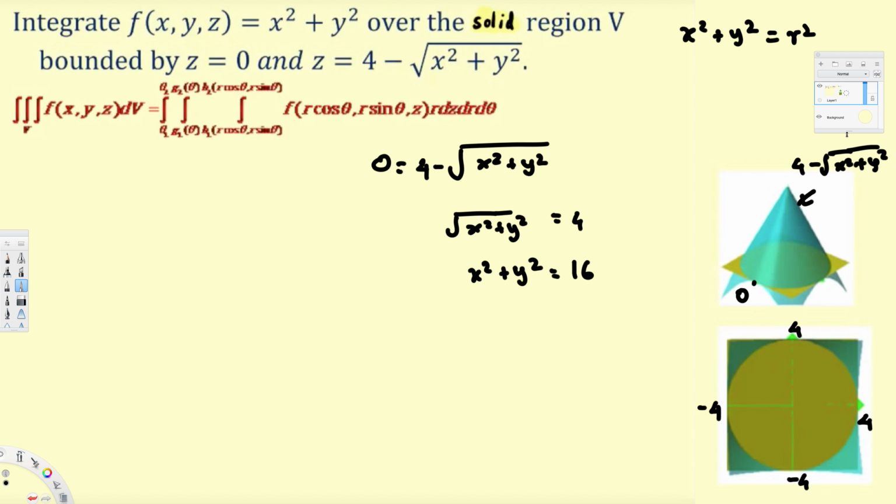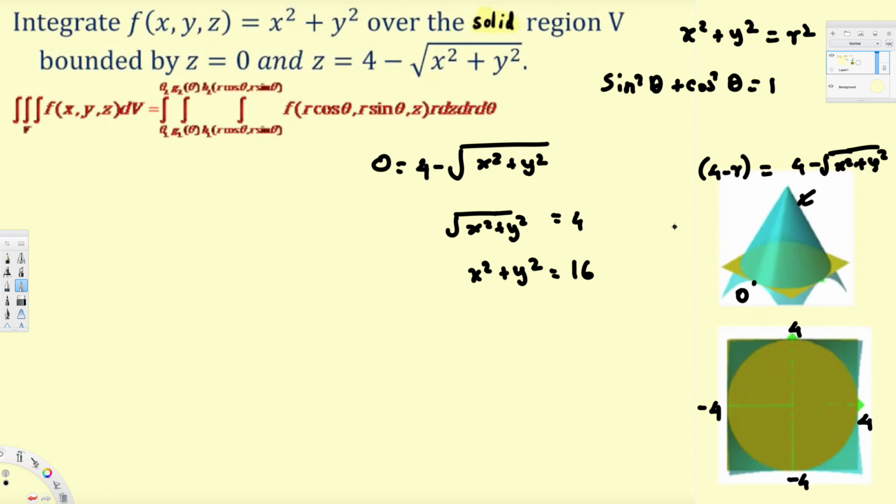We know that x squared plus y squared is equal to r squared, or you can try it this way, r cos theta, r sin theta, and you will get the same answer, r squared, because sin squared plus cos squared theta is equal to 1. We know that sin squared theta plus cos squared theta is equal to 1 in the trig identity. So instead of this, we can replace it with 4 minus the square root of r squared, that's going to turn into 4 minus r.